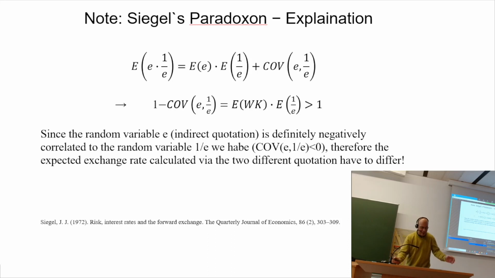Because, well, what do we have here? We have two stochastic variables.